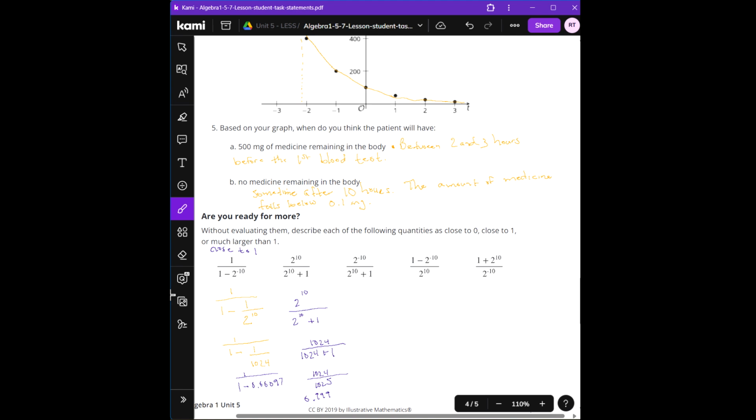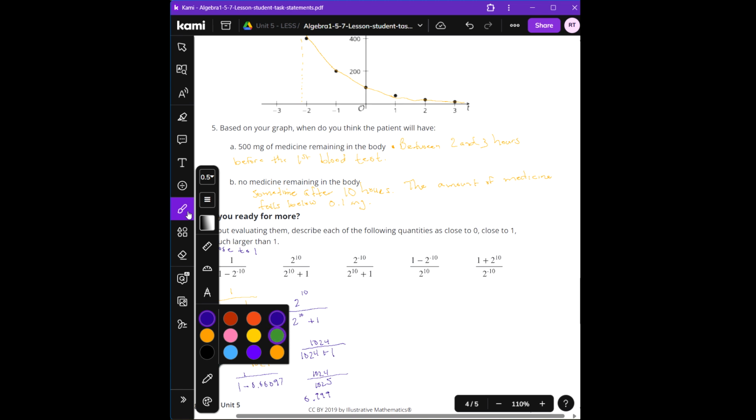All right, so now let's look at the next one. For this one, let's substitute some values here. Remember, 2 to the negative 10th, we're going to write that as 1 divided by 2 to the 10th.